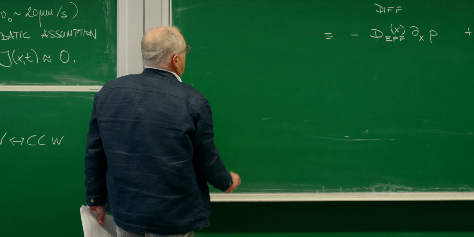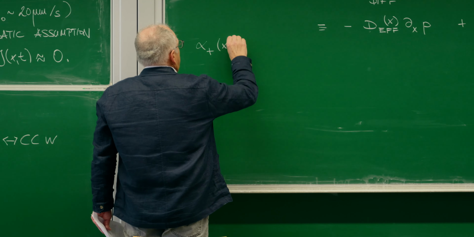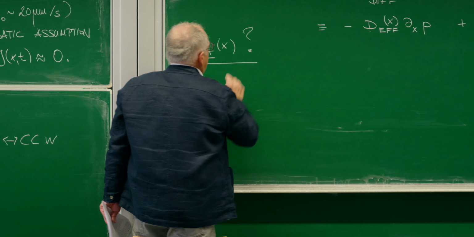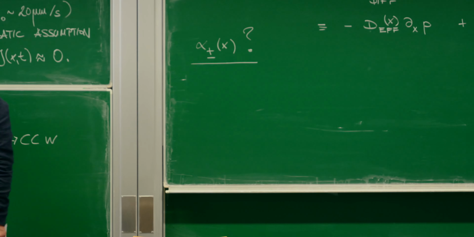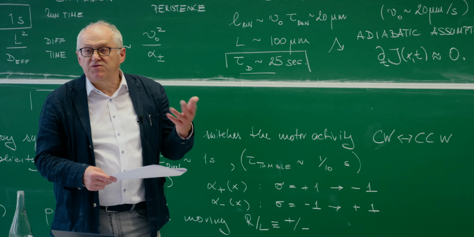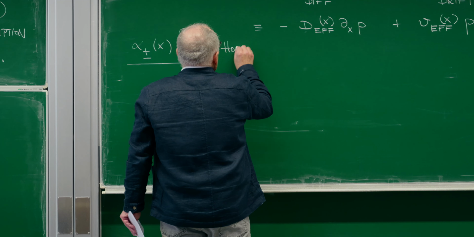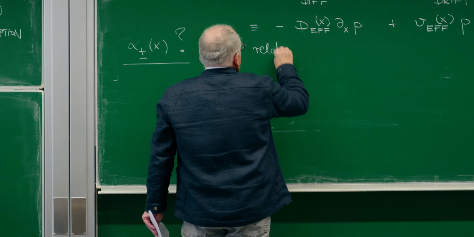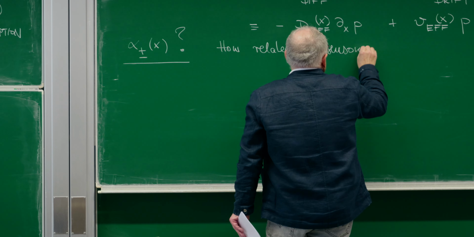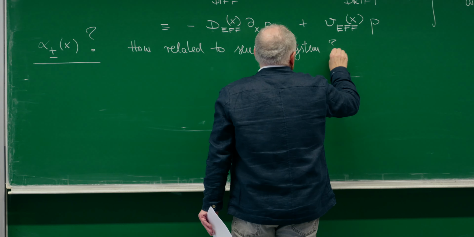We didn't really talk about yet what is alpha plus of x and alpha minus of x. How should we think of this? How are they related to the sensory system?